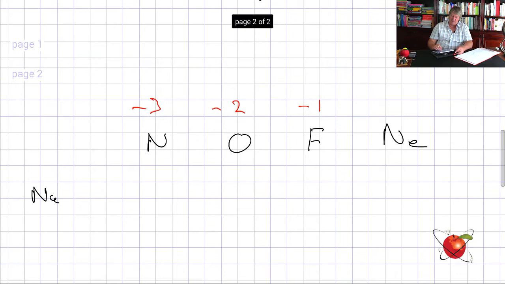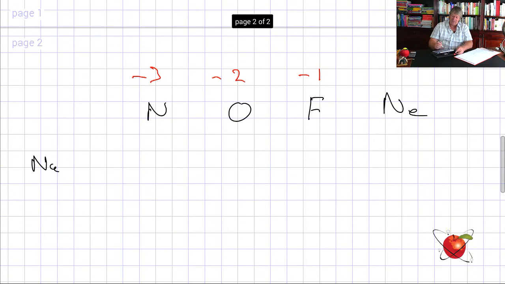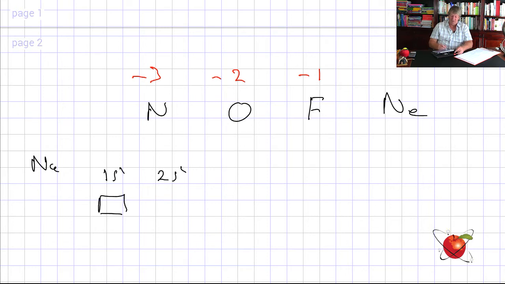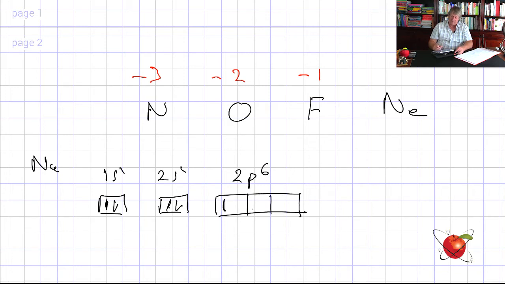It's fine. It has 10. So what do we do? 1s2, 2s2, remember, full, full, full, full, and 2p, second floor, is full up, and we do it this way. Can you see there we've got 10 electrons, right?